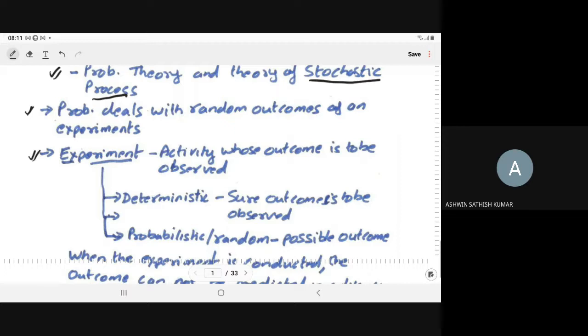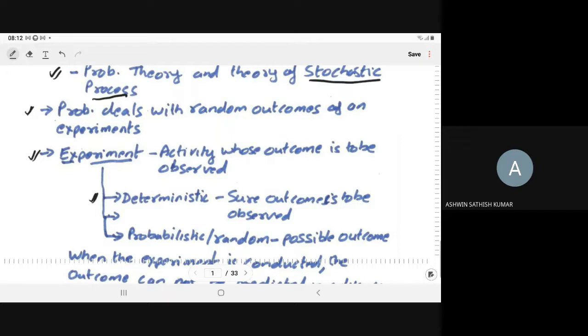It may be the Ohm's law experiment: you supply the voltage, you have the known resistance, so you can judge what the current will be. Because here we have the fixed formula V = IR, such experiments are deterministic in nature. Here we have a deterministic experiment where the sure outcome is observed, meaning we know in advance what output will come.